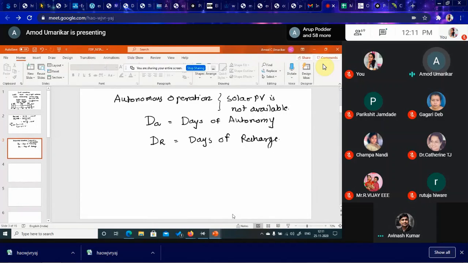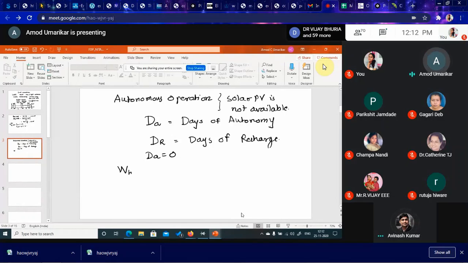How will you consider that? First, let us say that days of autonomy are 0. First we have to consider the basic battery size, where we don't need to consider these days of autonomy. Which load do we have to consider? Average load, for battery mainly.